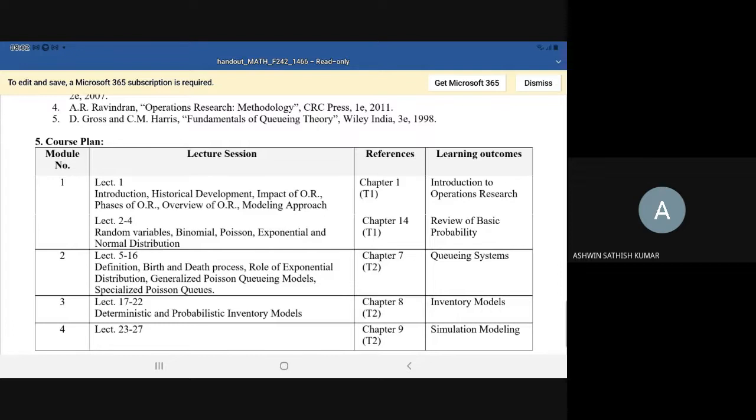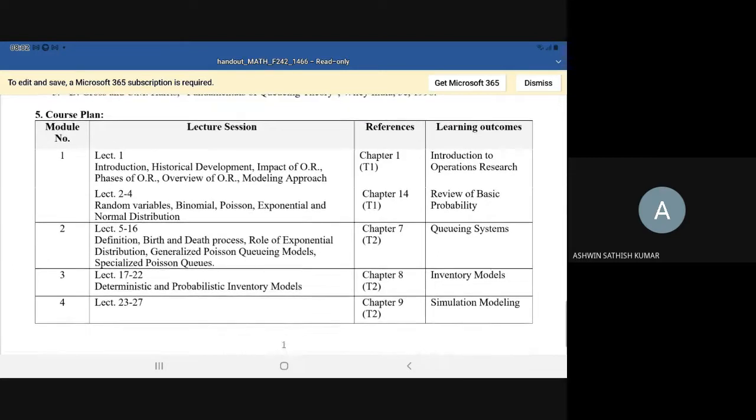Whatever you have covered in the course Math F113 Probability and Statistics, we will revise in the first 4 lectures. Here I will give you the idea about probability distribution, expectation, and other basic theorems and concepts related to probability theory.